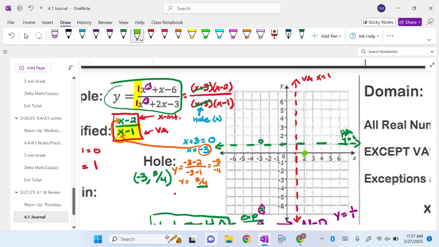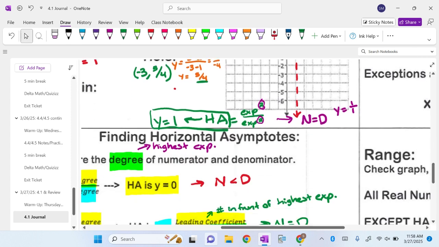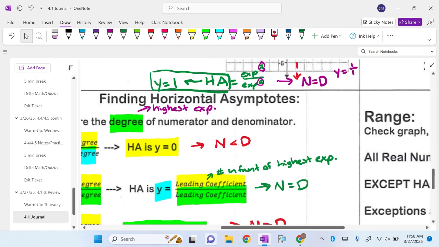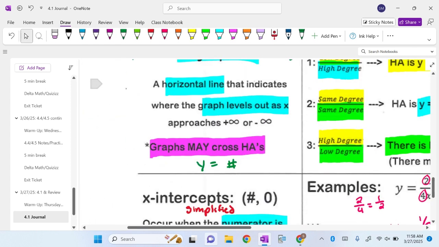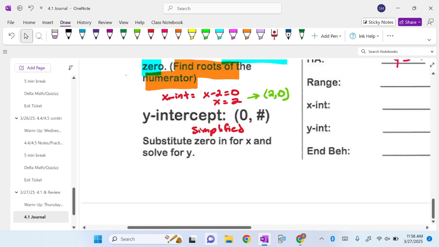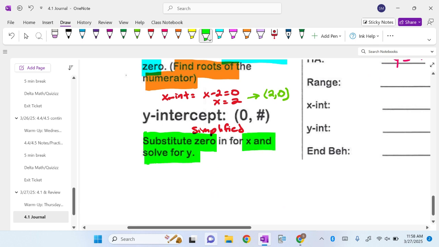Now, your y-intercept comes from when you put 0 in for x in your simplified function and solve for y. So in other words, you're finding when x is equal to 0 and you're going to substitute it into your simplified function.